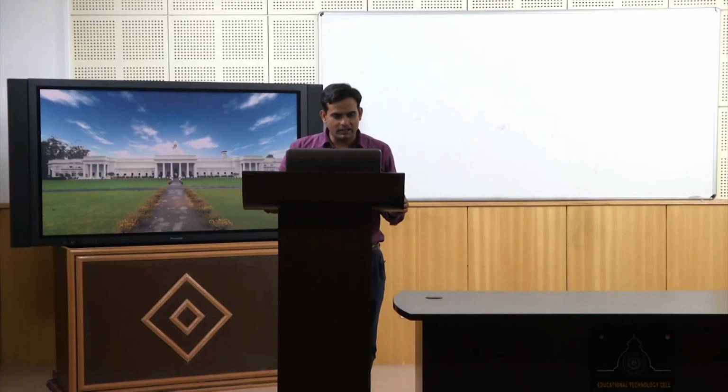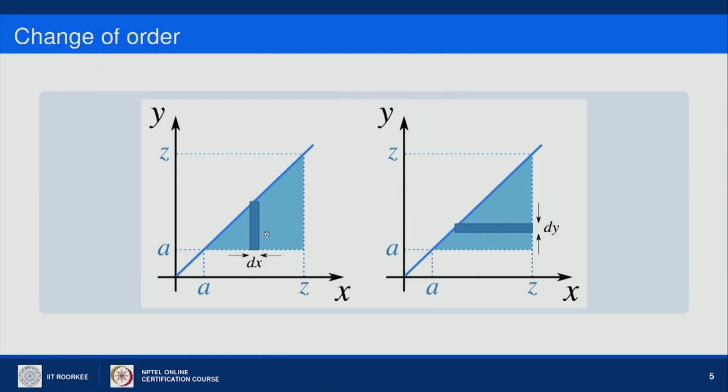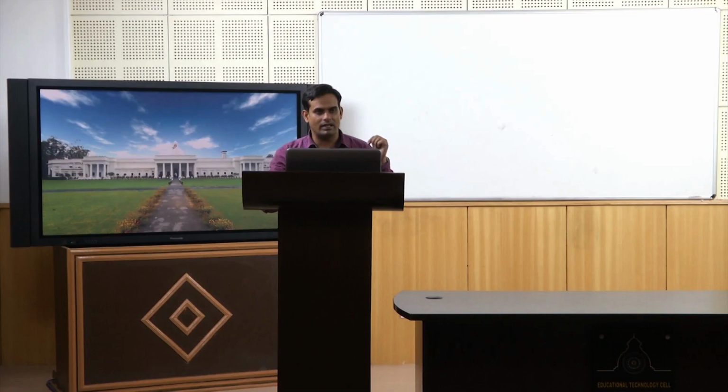Change of order means changing the order of integration, and we have seen in these two examples why we need it: sometimes changing the order makes the problem easy, and sometimes it is not solvable in the given order, but after changing the order you can integrate it.